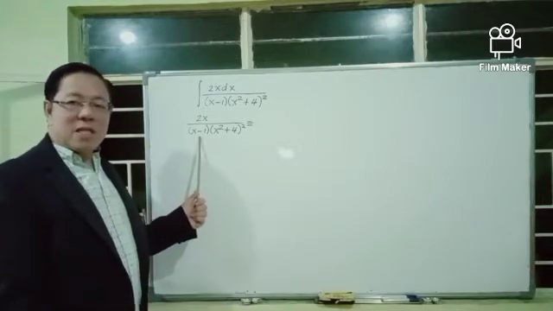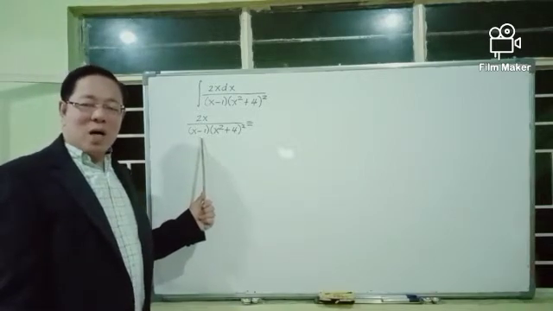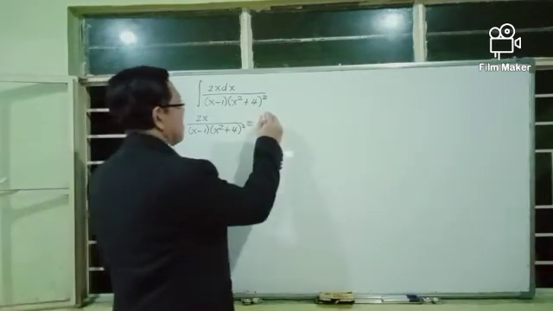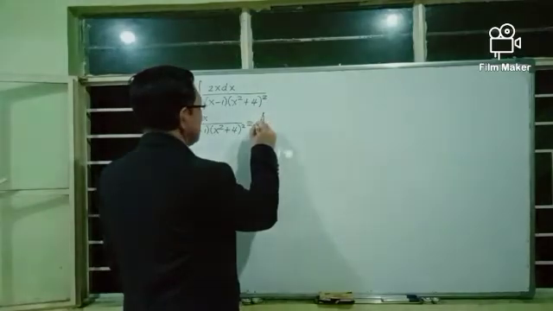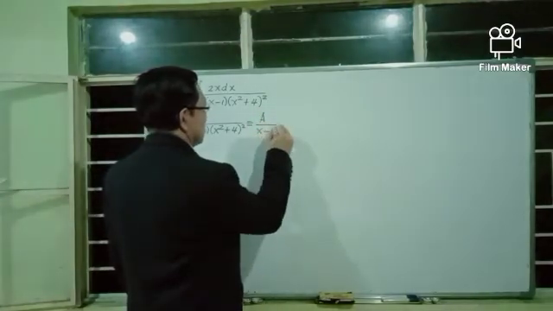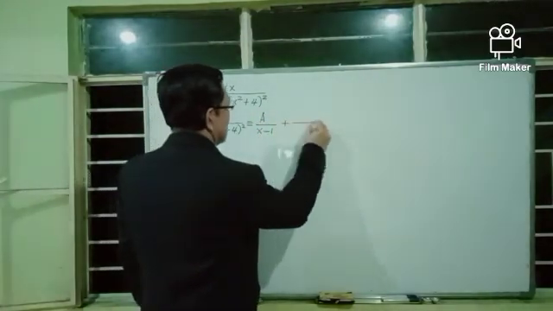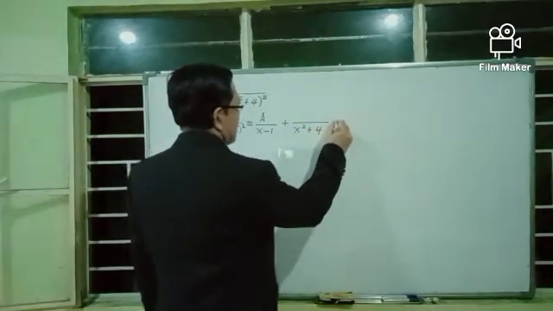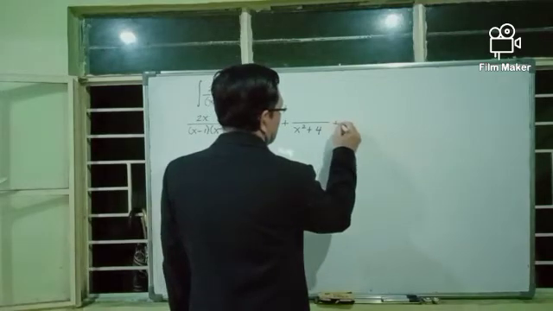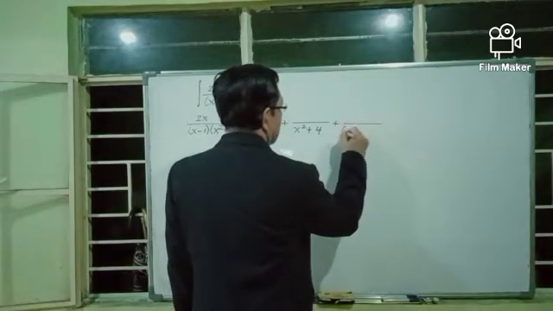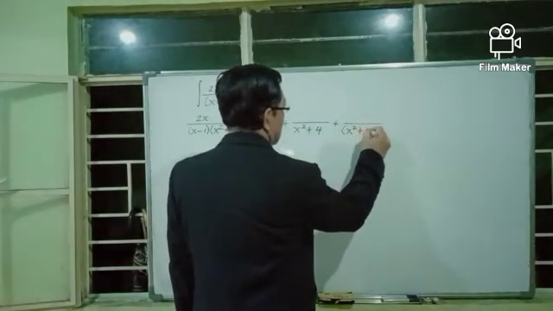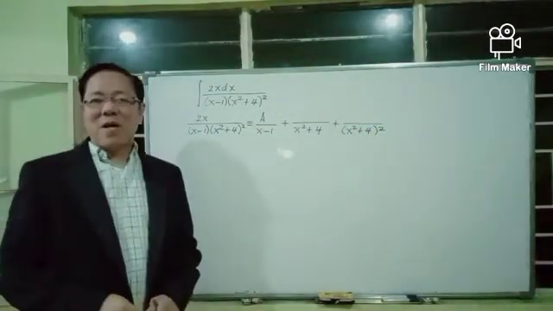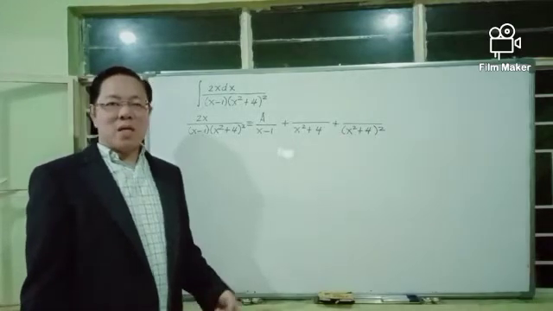For the first linear factor, x minus 1, we use a constant denoted by A. The quadratic factor x squared plus 4 is repeated twice.